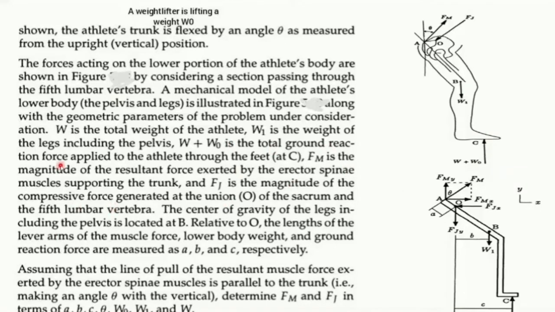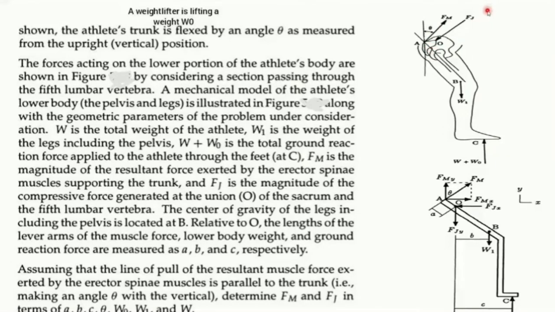Fm is the magnitude of the resultant force exerted by the erector spinae muscles supporting the trunk. So this is the Fm. And Fj is the magnitude of the compressive force generated at the union of the sacrum and the fifth lumbar vertebra. So here is the union of the sacrum and the fifth lumbar vertebra.